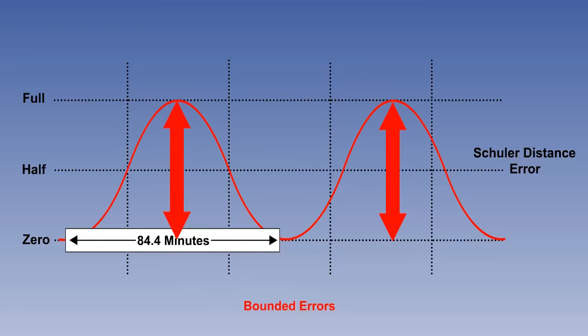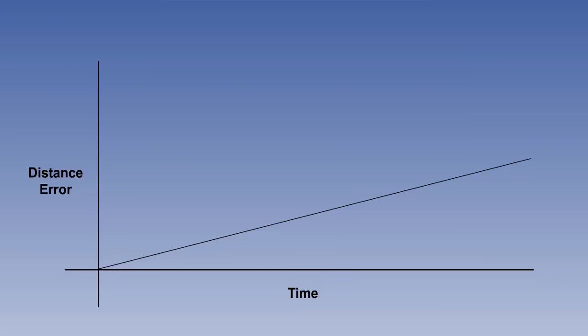You will remember from your flight instruments lessons that inertial navigation systems and their successors, inertial reference systems, are subject to both Schuler or bounded errors and ramp or unbounded errors. Their effect over time is a combined error growth pattern, which looks like this.